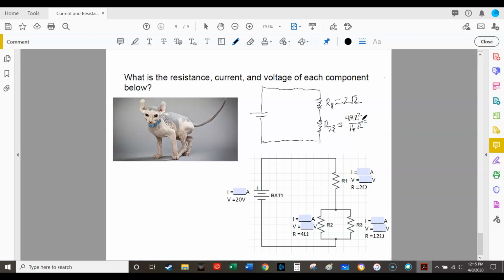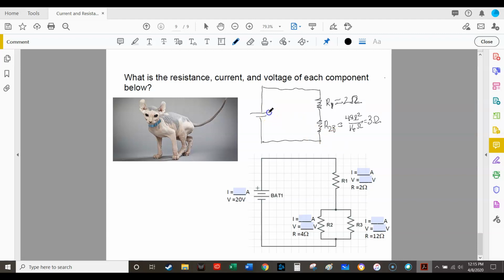Now we've got 48 divided by 16. They're in parallel, so that's why we get product over sum. 48 divided by 16 is 3. So 3 ohms.